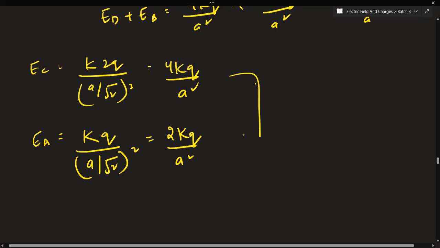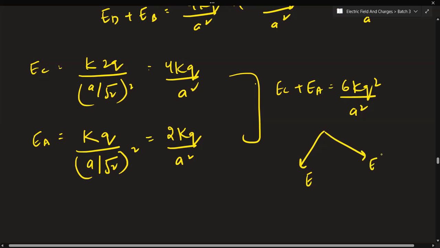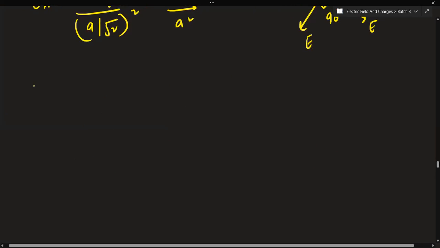Again, add both of them. EC plus EA will give 6KQ divided by A square. Now you have both of them. One is 6KQ by A square, and this is also 6KQ by A square. Both have the same magnitude with an angle of 90 degrees. Now apply the superposition principle, meaning the parallelogram law. The net electric field will be the square root of E square plus E square plus 2 E1 E2 cos 90 degrees.